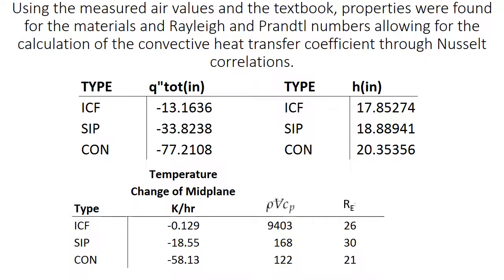And so using a bunch of book values and calculating the H through Nusselt correlations, we were able to develop and calculate the Q double prime total that was going through the wall. And the reason why these differ so much is that the internal surface temperature, once that is much lower than the ambient internal air temperature, it creates a great disparity.